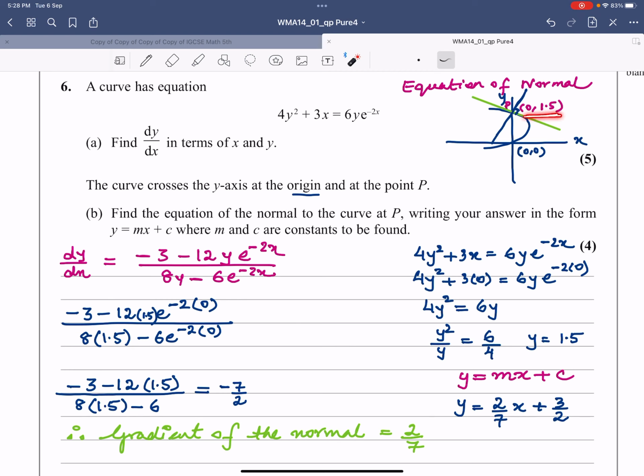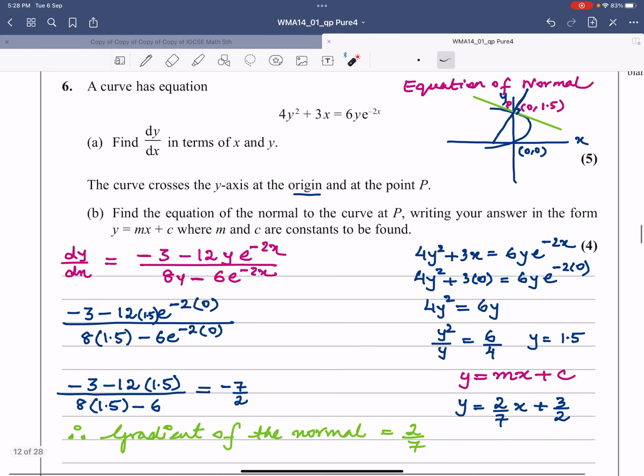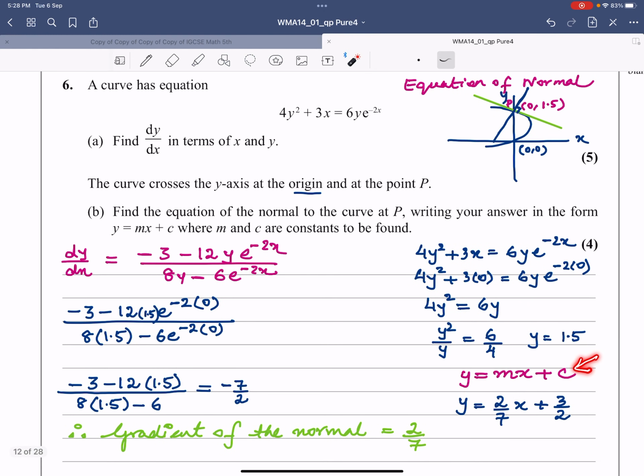The point on the y-axis has its x-coordinate 0 and its y-coordinate is already the y-intercept. So we already have the value of c. So we can just plug in the gradient that we found, and we know the y-intercept, which is 1.5 or 3/2, and this is the answer to part B, which is the equation of the normal to the curve at point P.